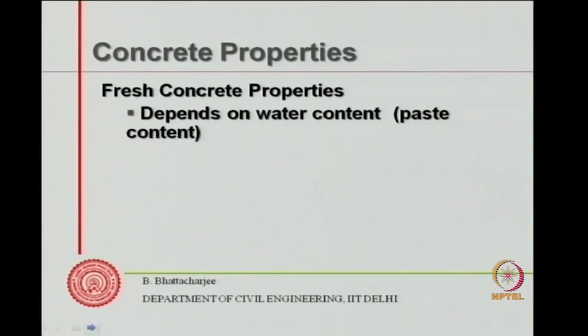So there has to be some flow to acquire the shape of the mold. Therefore, we must drive out the air, and it must also acquire its shape. That means some mobility is needed, and by this process of mobility, the aggregates and the concrete itself should get placed into the mold in the appropriate position, and air must also be driven out.